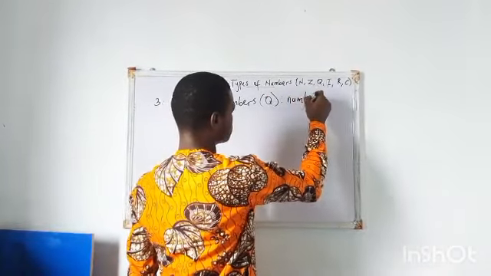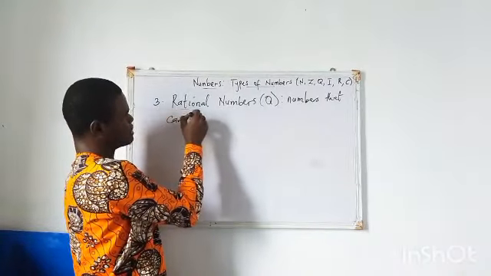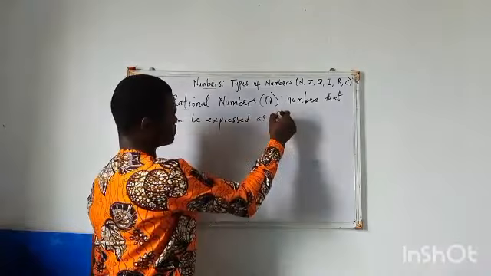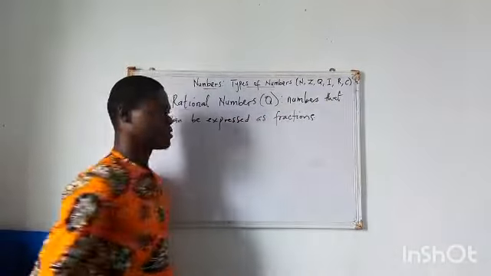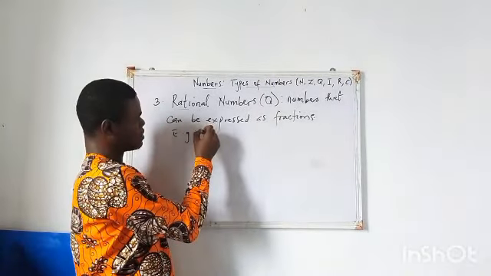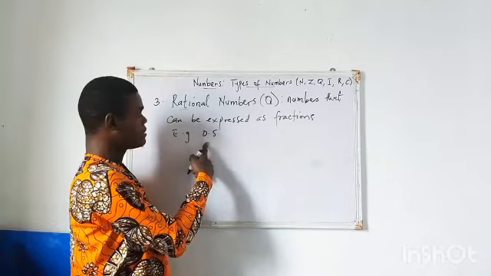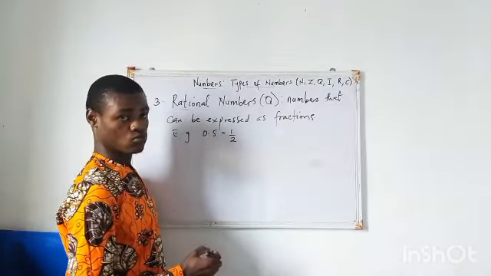Numbers that can be expressed as fractions. Alright? For example, you can have numbers like 0.5. It is a decimal, right? Yes, but it can be expressed as a fraction, 1/2, right?